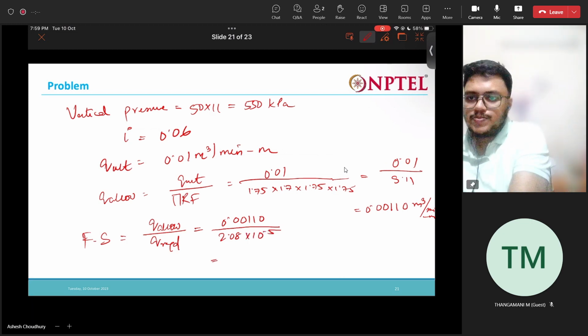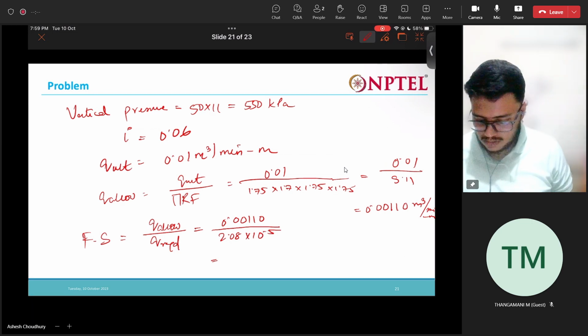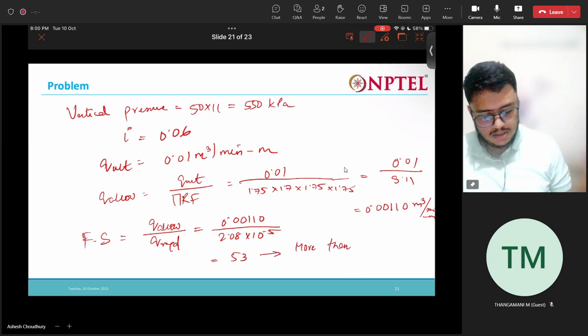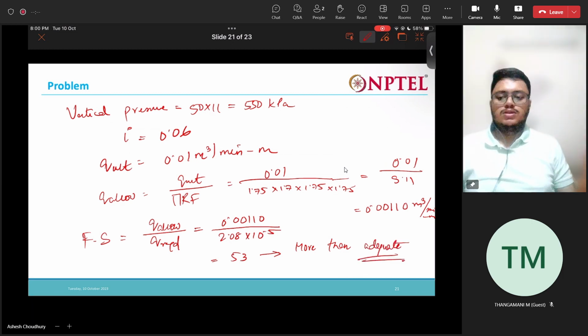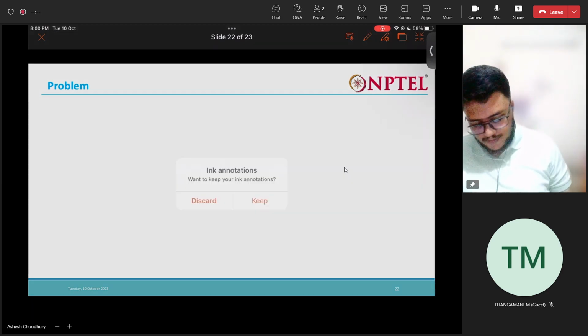How much will it be? Gigawatt is 53, which is actually more than 80 feet. Okay.